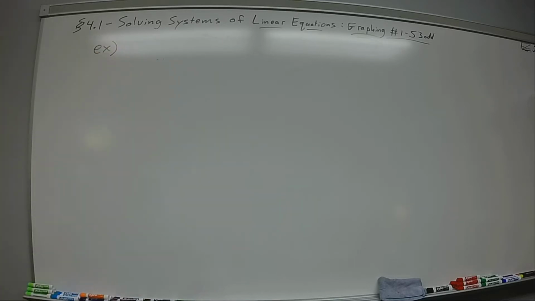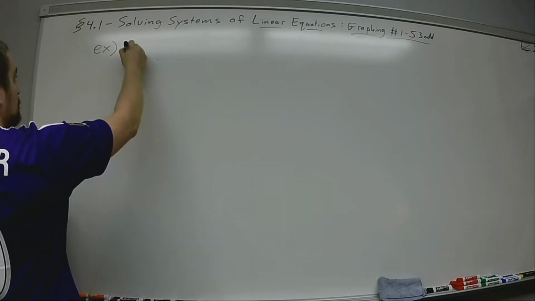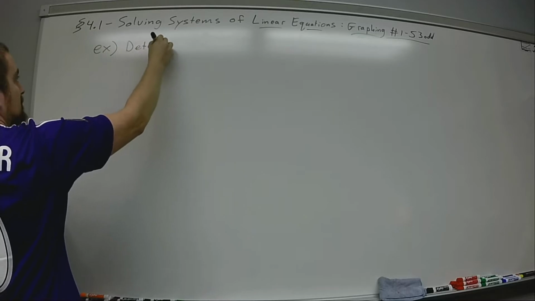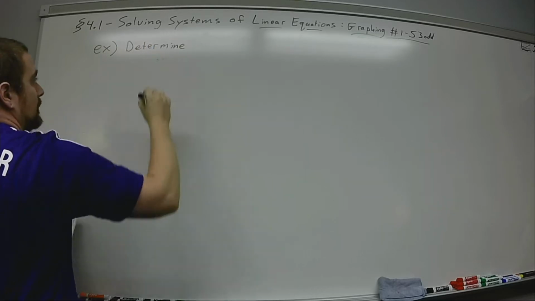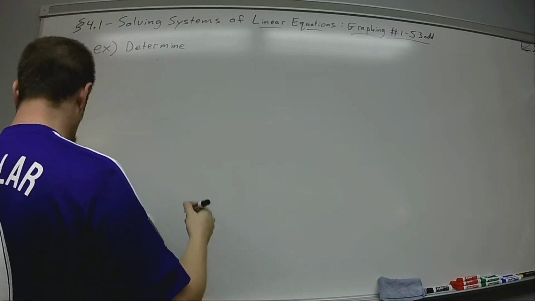So let me show you an example where we want to have a system and a couple proposed solutions and check and see if it really is a solution or not to the system.